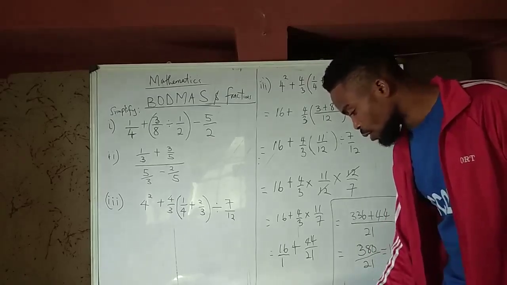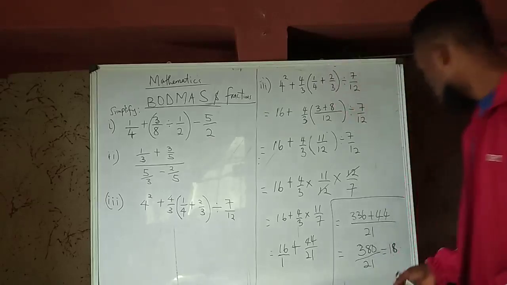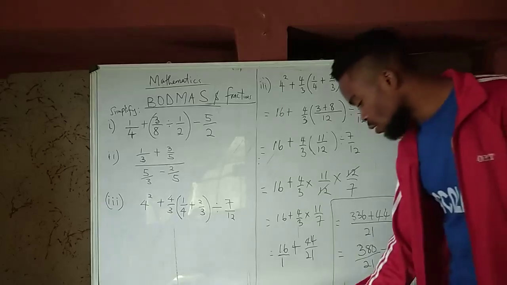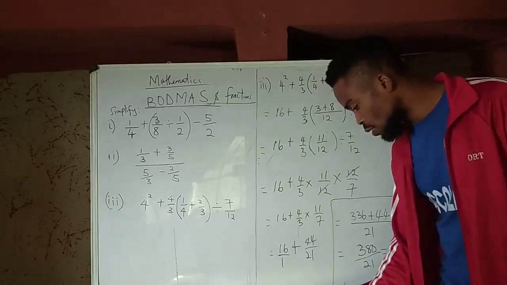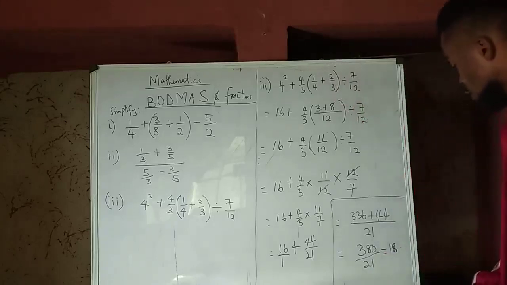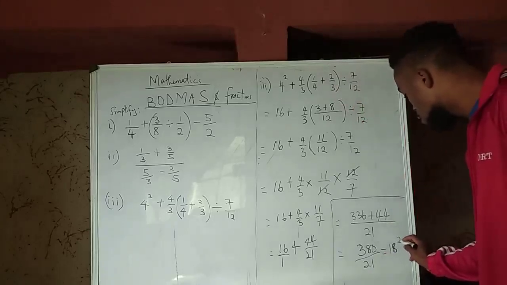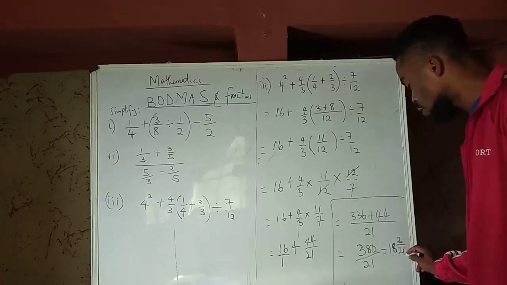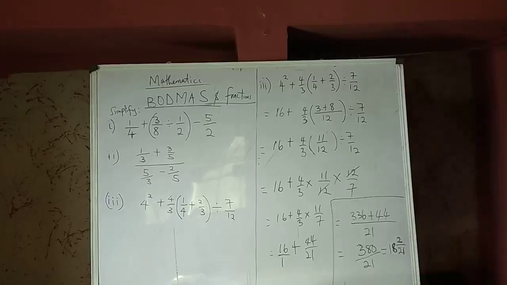Let me check how many will be remaining. Okay, what will be remaining is 2 over 21. So I wrote the answer as a mixed fraction, right? So that's what we have here as the solution.